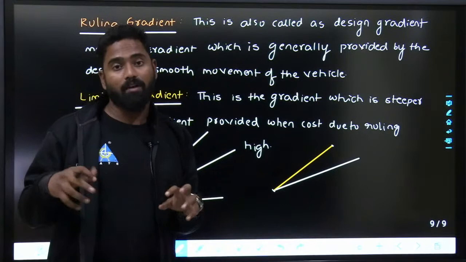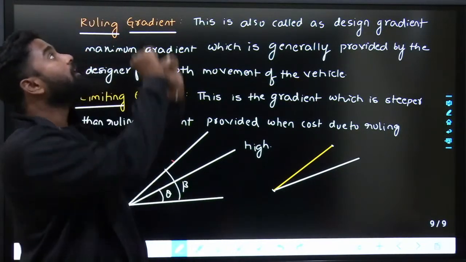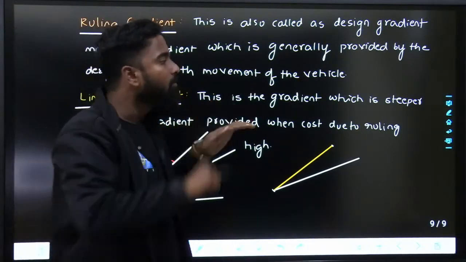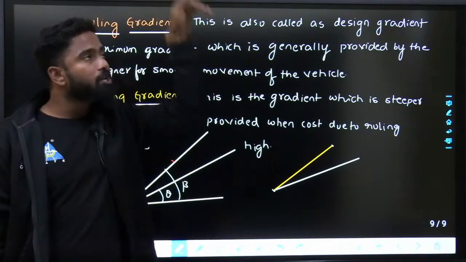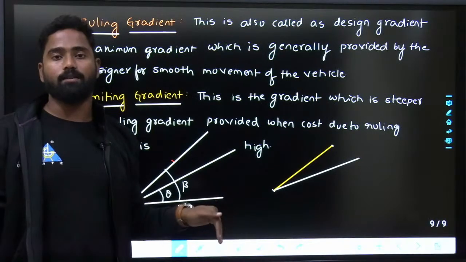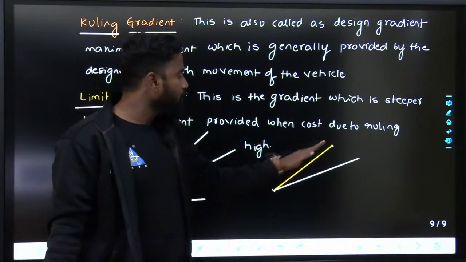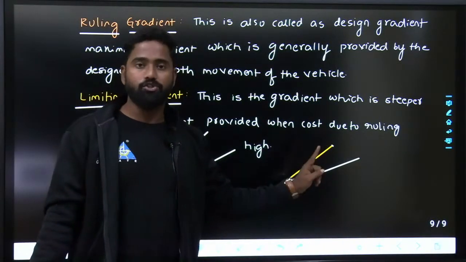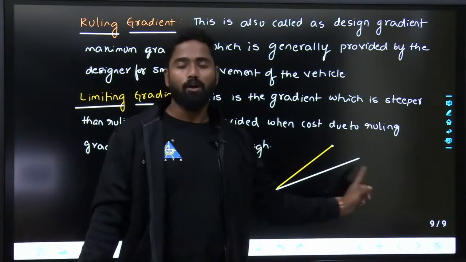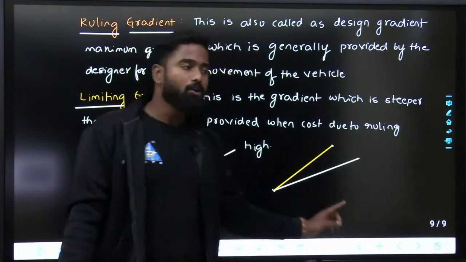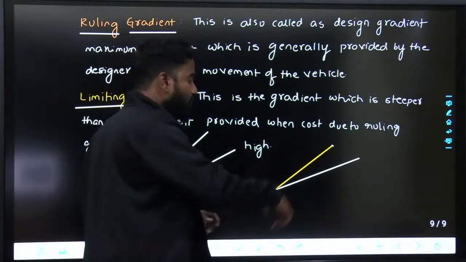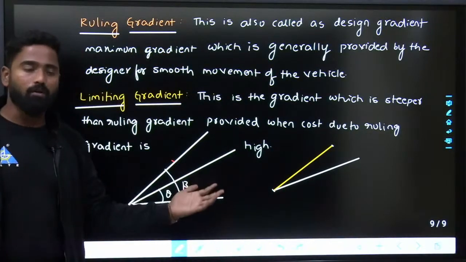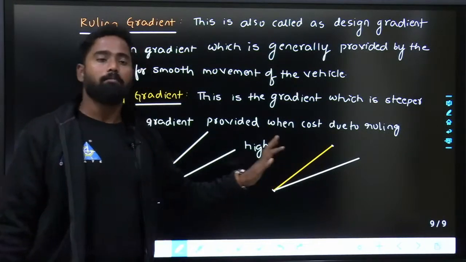Normally when a vehicle is given to you, you can't drive like this; you can only go like this. Constructing a road with higher gradient is cheaper compared to lower gradient, but you should not construct it like this. So whenever the cost due to ruling gradient is more, we provide limiting gradient, but safety should not be compromised.